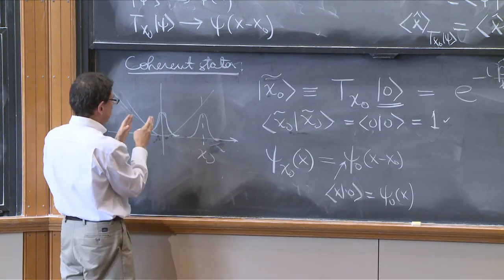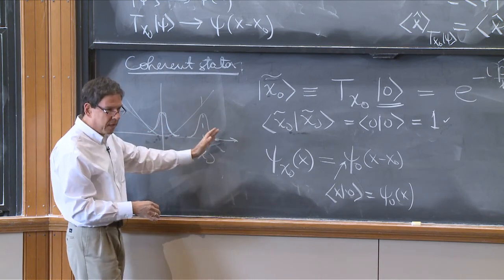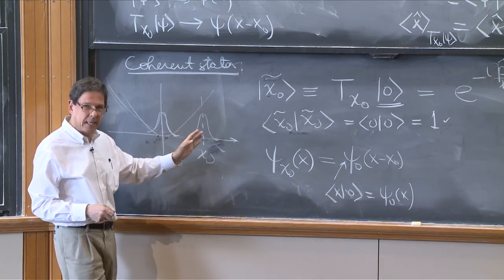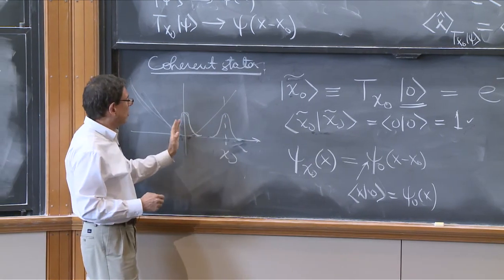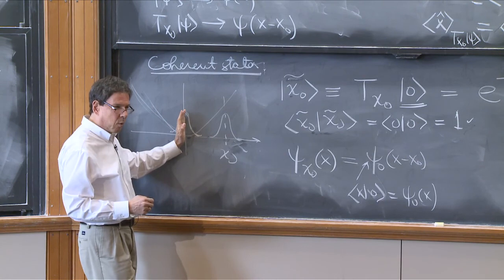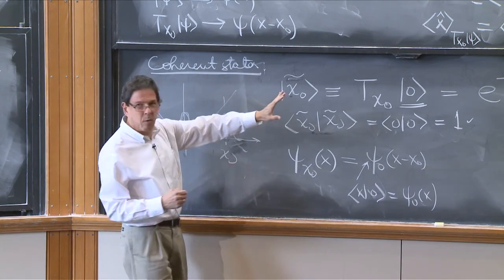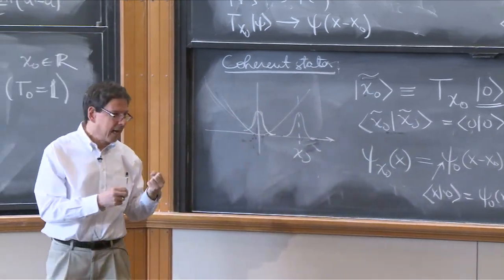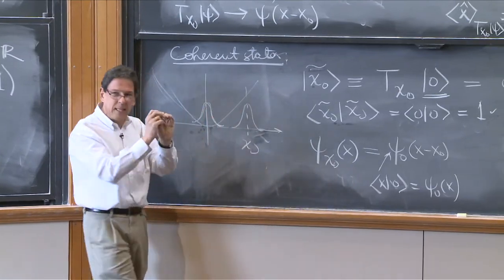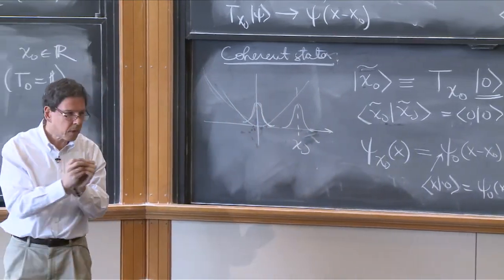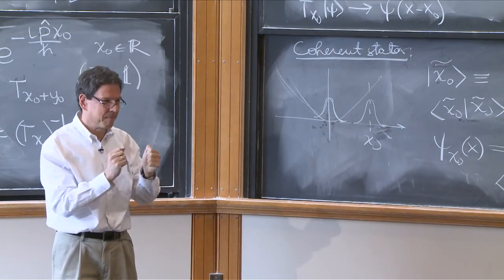You could try to figure out what would happen if you took an excited state and moved it. Things are a little more complicated. And in a sense, they can all be understood in terms of what we do to the ground state. So we will not focus on them too much. In a sense, you will see when we generalize this how what we're doing is very special in at least one simple way. So we'll always focus on translating the ground state.